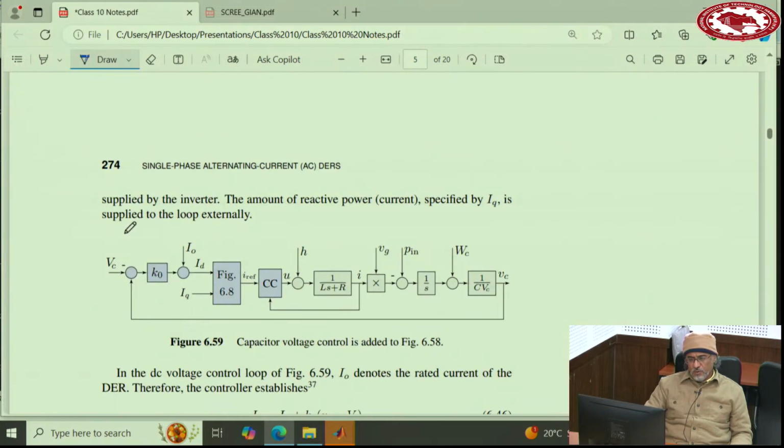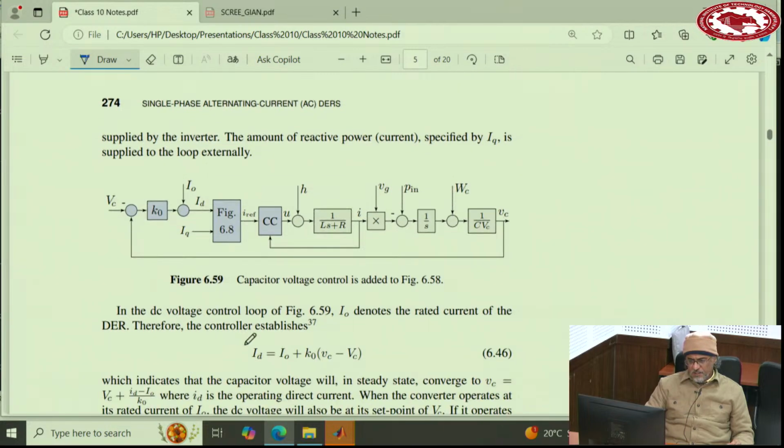So ID, which represents the real power, I'm going to determine the reference for ID according to this mechanism that we already used before, which is I0, I naught, the rated current if you want, plus K0 times VC minus, again, the rated voltage for this capacitor.